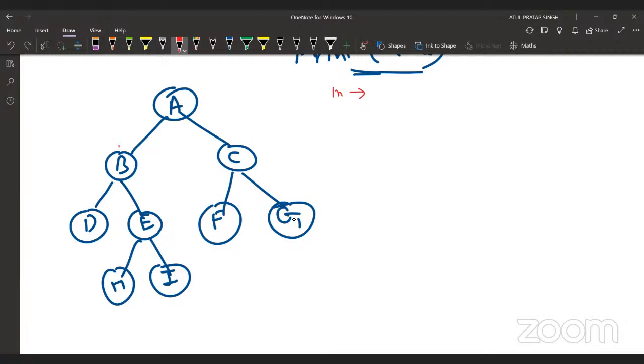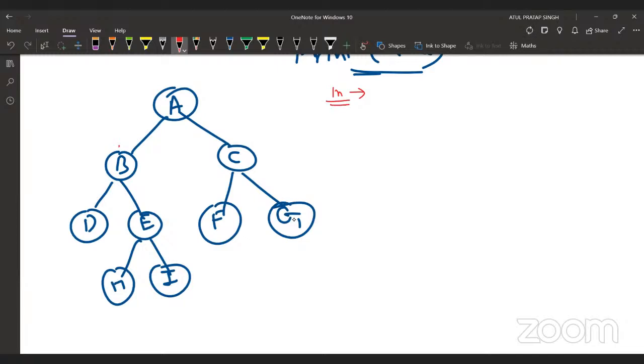In DFS we also call recursively, but we cannot say that it is a pre-order traversal. That is a different thing. We recursively call until we reach the end point, then we come back again. So same thing as pre-order, yes, you are correct. When we traverse with DFS, we perform pre-order-like things.